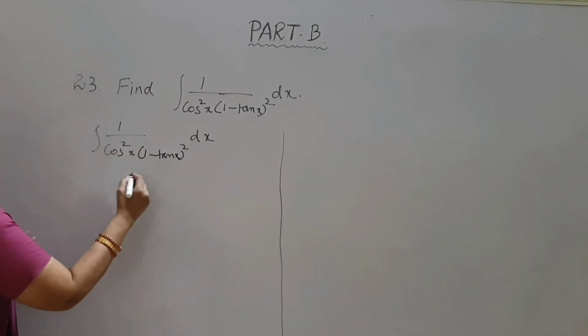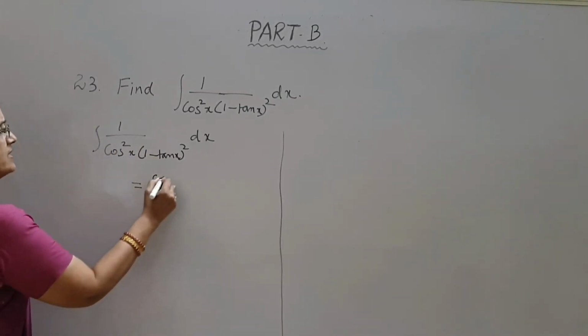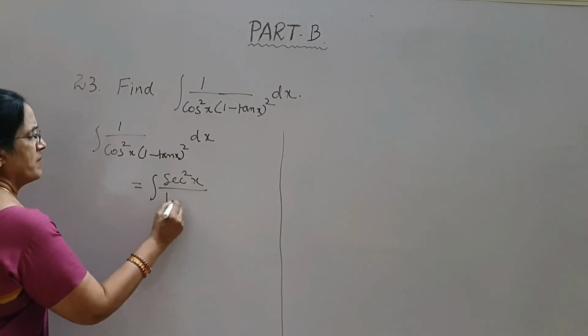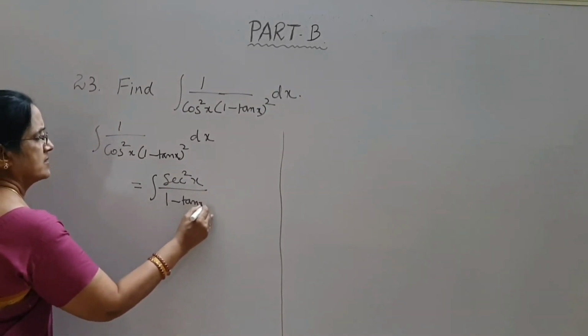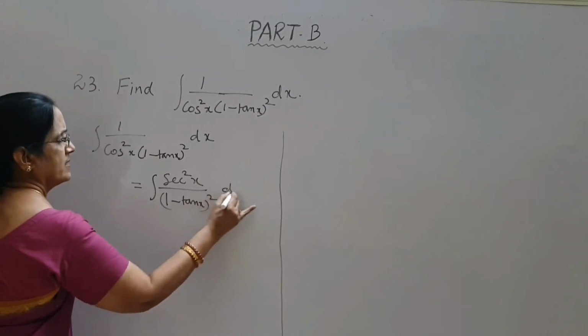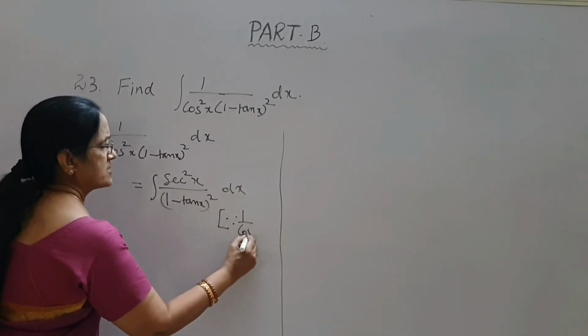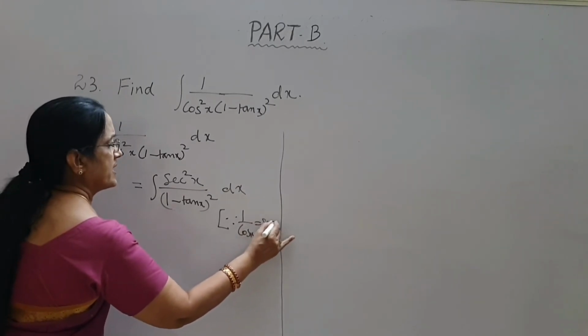So, this integral can be written as integral secant square x by 1 minus tan x the whole square dx. What is the reason? Since 1 by cos x equal to secant x.